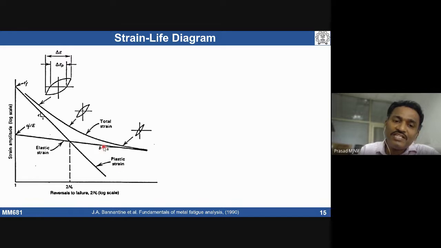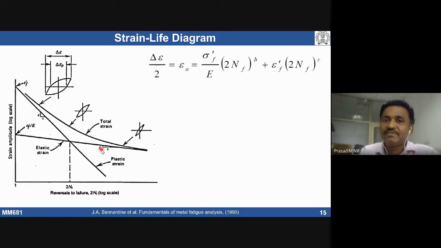The analysis of this part can be mathematically expressed like this. The strain amplitude can be taken as the elastic deformation part plus the plastic deformation part.